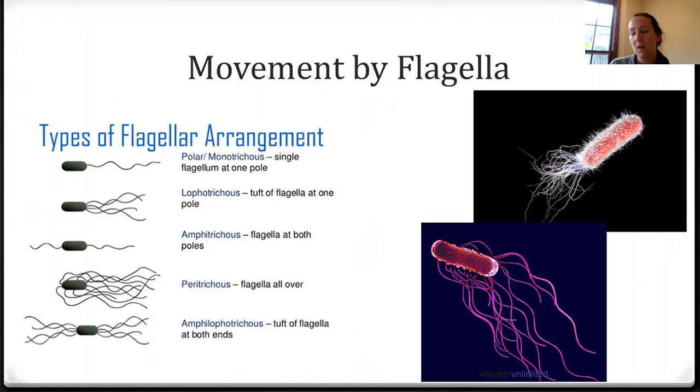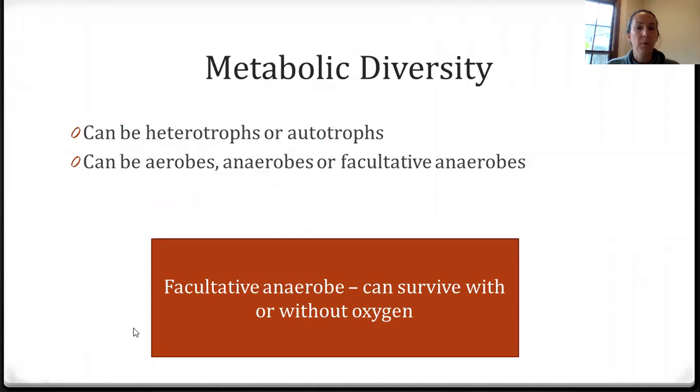Okay, movement is often done by flagella. These are flagella. They look like little tails. They can have a single flagellum, a tuft, flagella at both ends, flagella all over, or tufts at both ends.